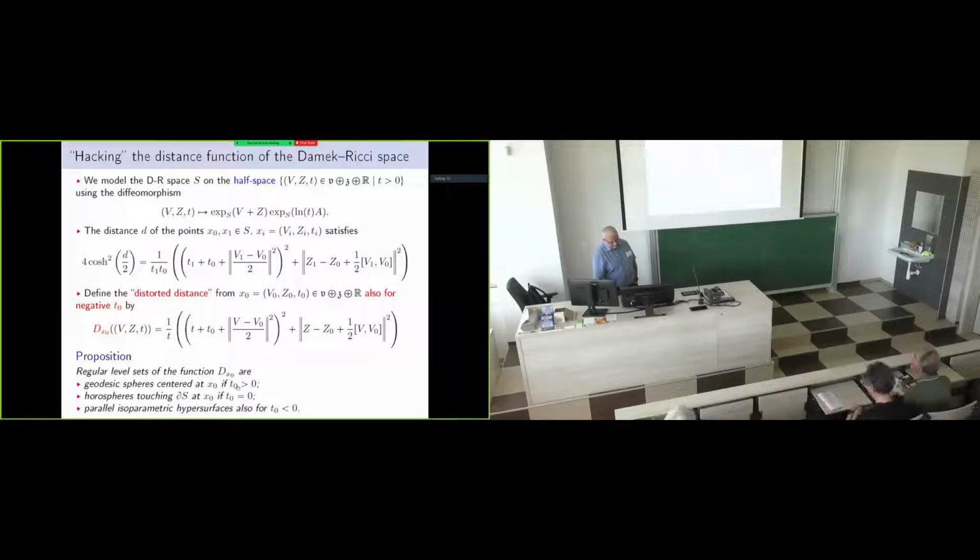When the last coordinate t0 is 0 for x0, then the level sets will be horospheres. So if you look at the level sets of this function for an x0 for which t0 is negative, then one can expect that these will be exactly those hypersurfaces that can fill the gap between two horospheres.